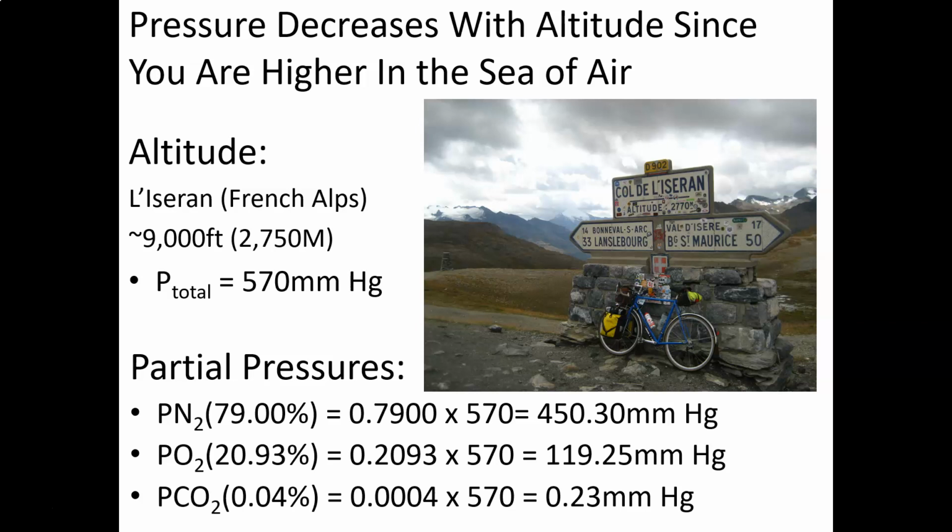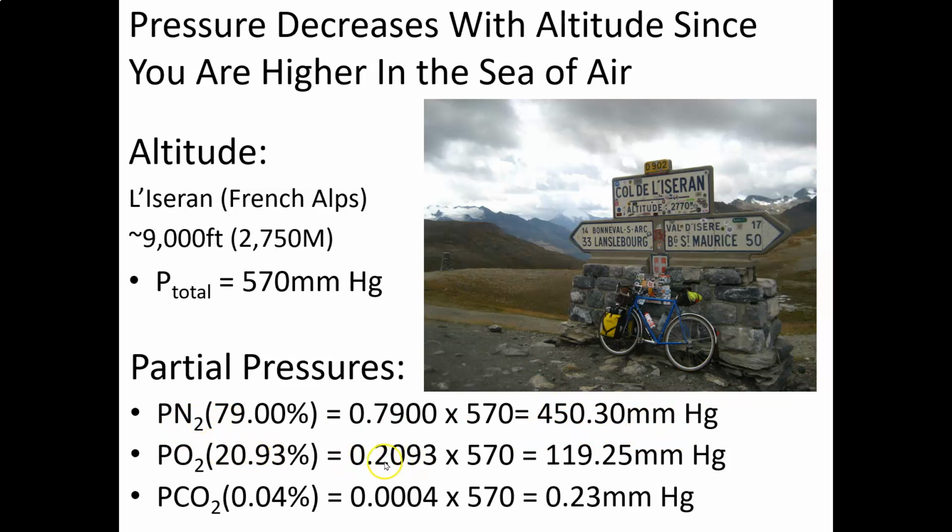Once we know the total pressure, the percentages of nitrogen, oxygen, and CO2 don't change. It's just in our atmosphere. It's just the total pressure that did. So now we take 0.79, just like we did before, but this time multiply it by 570, not 760, because 570 is the total pressure. So now we get 450 millimeters of mercury for nitrogen.